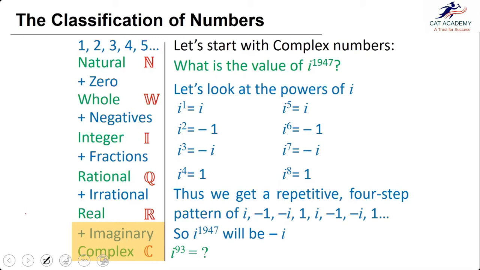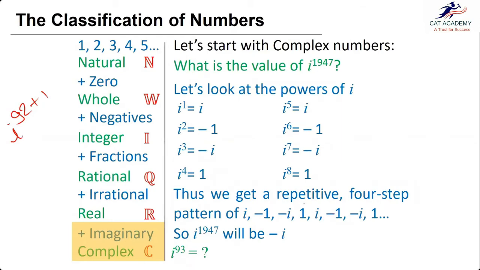How do I do it? Which is the closest multiple of 4 to 93? 92 is the closest. So can I say it is i raised to 92 plus 1? So i raised to 92 should be wherever any multiple of 4 is lying.